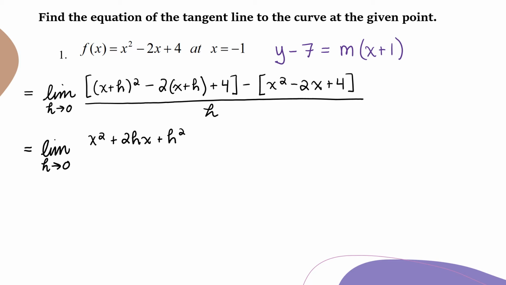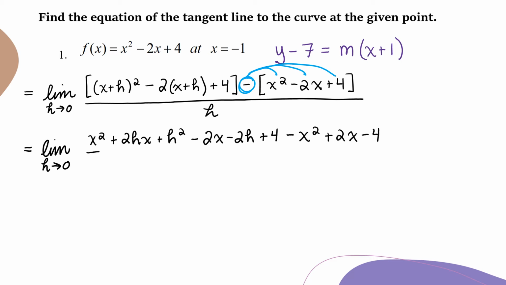Then we can distribute this minus 2, so we have minus 2x minus 2h, and then this lonely plus 4. And then we can distribute this minus sign to each term in the parentheses. So we have minus x squared plus 2x minus 4 all over h.